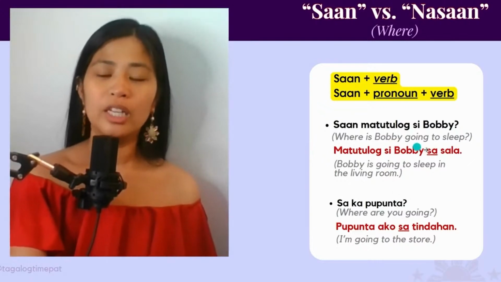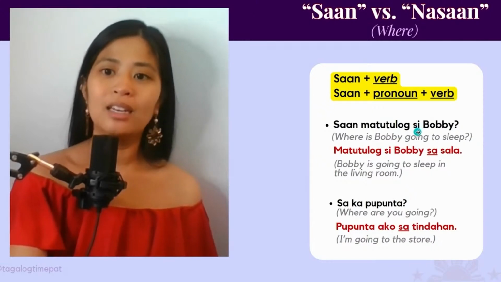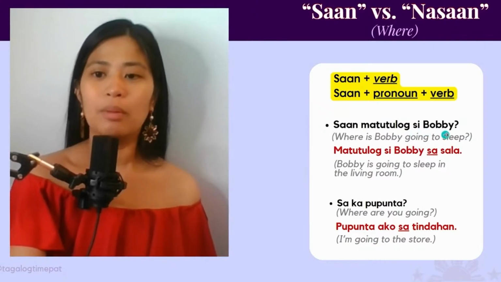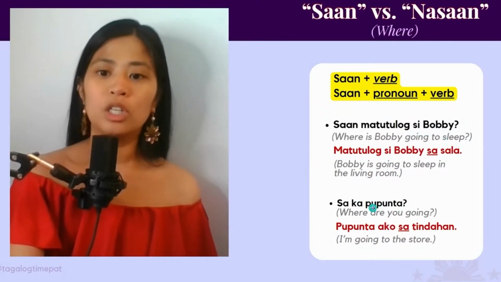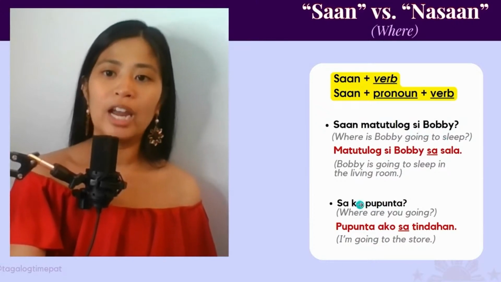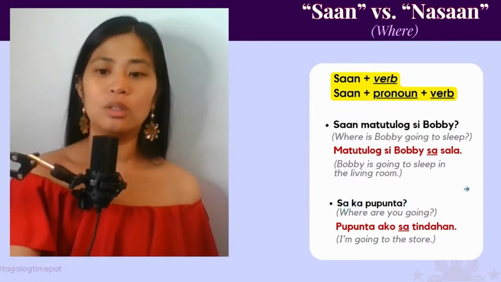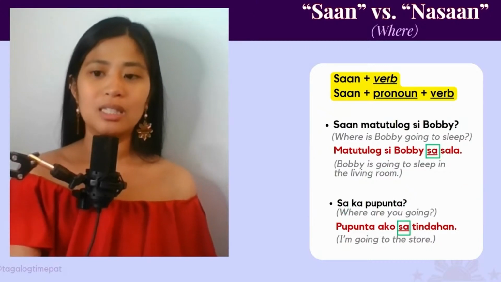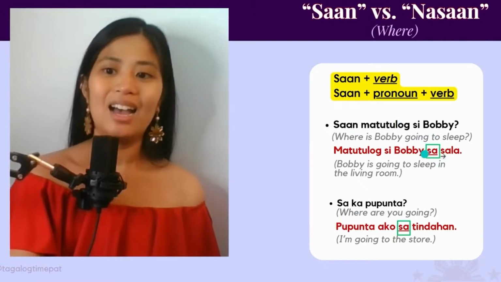So that's the difference there. If you are talking about someone specific, you would add si and then their name. Saan matutulog si Bobby? Or if you just want to use a pronoun, the pronoun would go right after the question word. Saan ka pupunta? Okay, so those are the different ways to use it. I do want to point out that your response has this word sa.